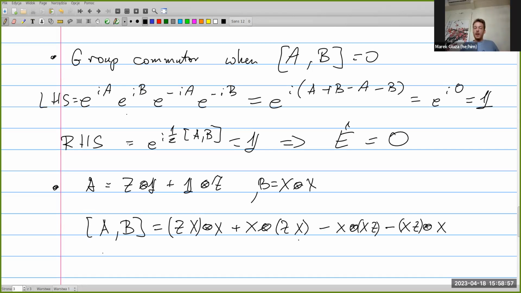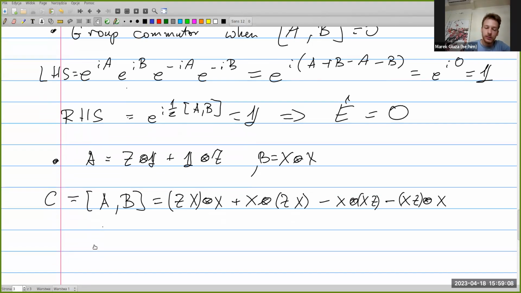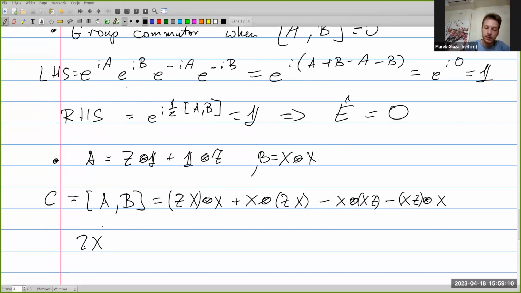Okay. And this is just a complicated matrix. So let's call this matrix C. Okay. I cannot really simplify much. One exercise to do is that ZX is proportional to sigma Y. So my Z matrix again is 1, 0, 0, minus 1. X is 0, 1, 1, 0. And then Y would be 0, minus I, I, 0.